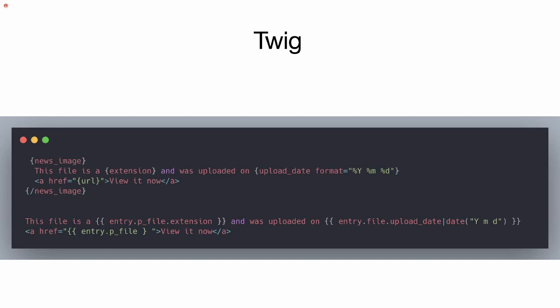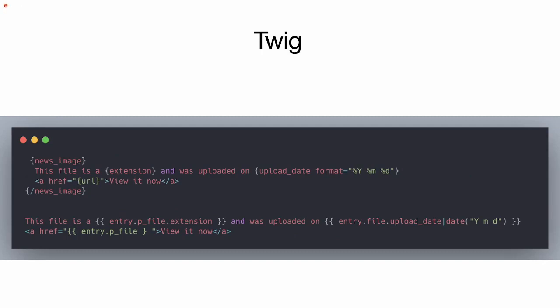The top one, of course, is a very typical example, I think right out of the docs, of how you might want to show the extension and a link to a file.